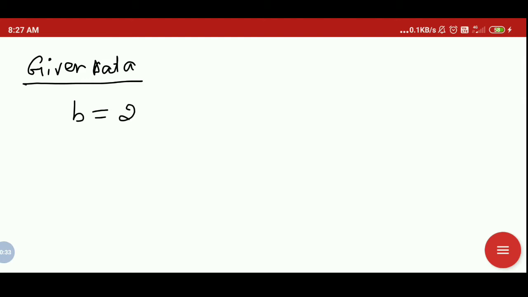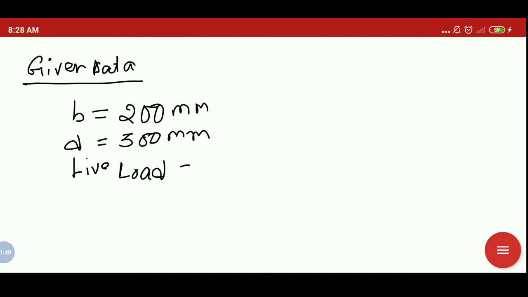B given 200 mm, D given 300 mm, live load given 6 kN per meter.